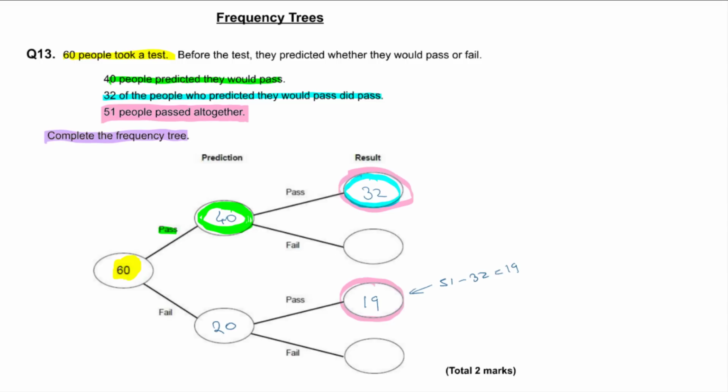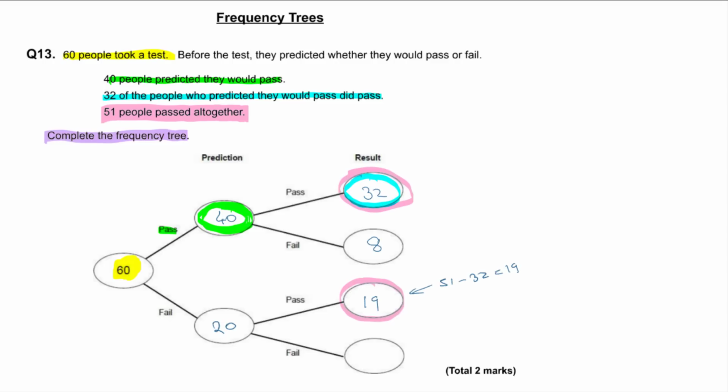Okay, doing the same thing for those who thought they would pass and then went on to pass or fail. So I know that there are 40 people who thought they would pass, and of those 40, 32 actually did pass. So the difference between 40 and 32, which is 8, must be the number of people who thought they would pass but then actually went on and failed, because 32 plus 8 is 40.